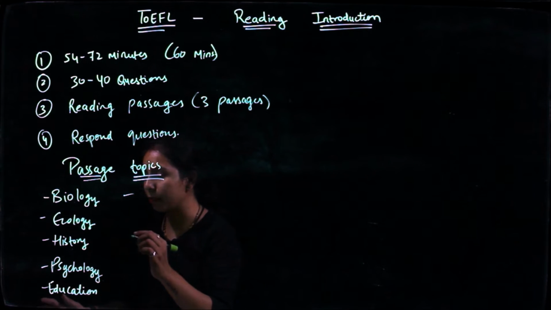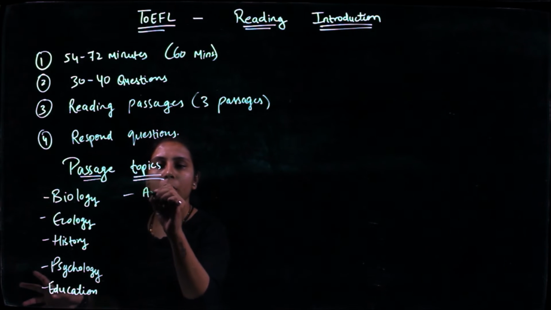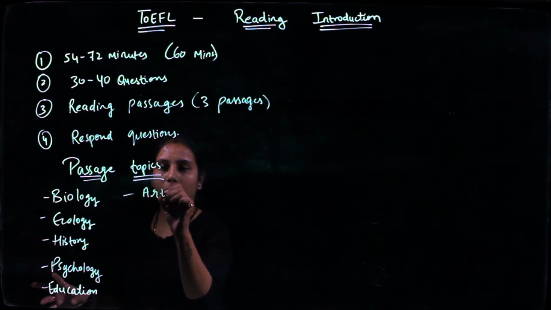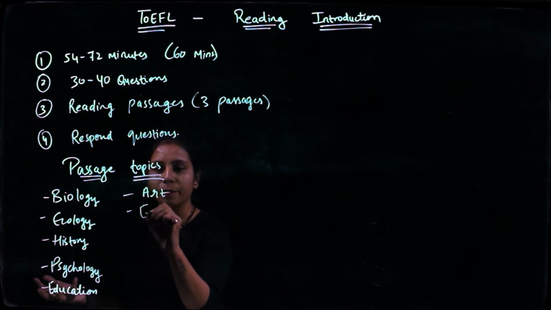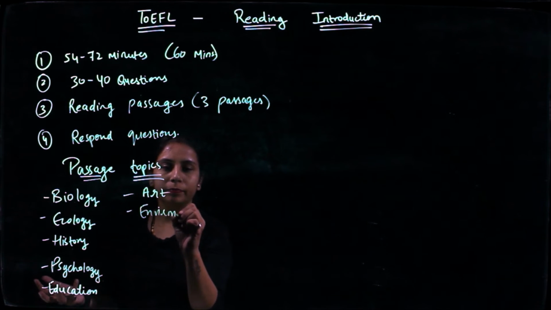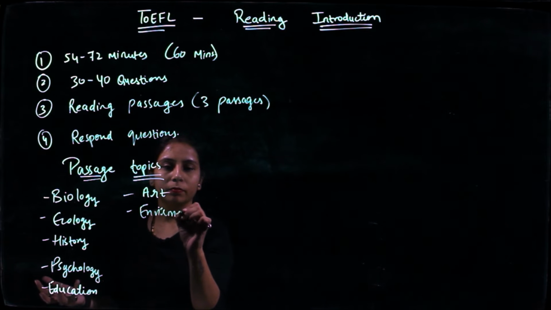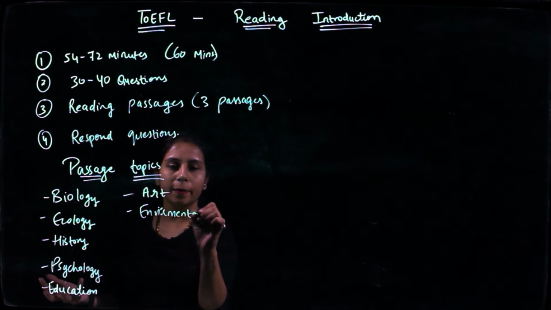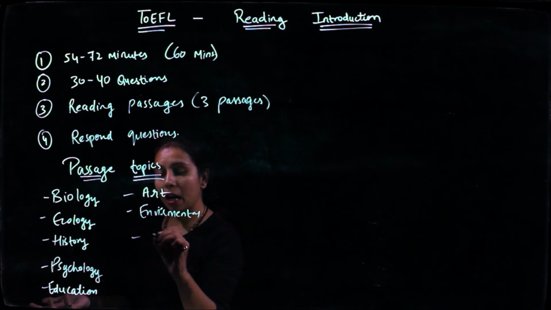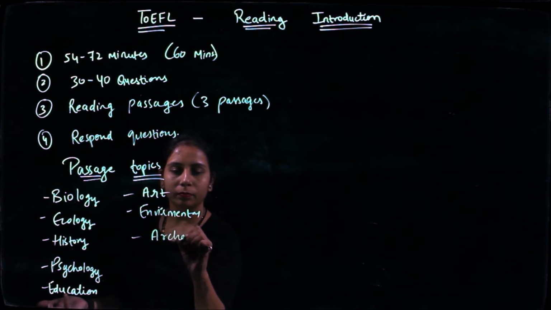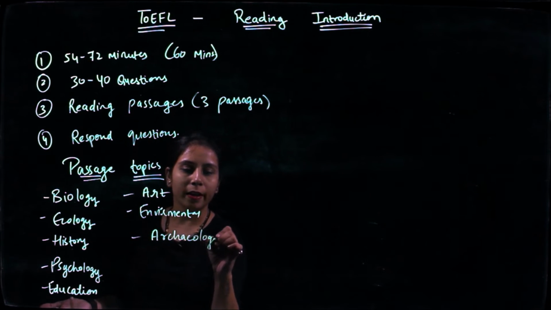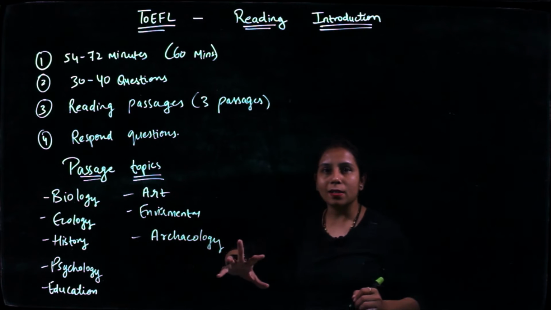It is very random in nature. So you should be prepared for all. Okay. Art, environmental related. Okay. Then archaeology related. All right. So these are the topics that your passage would be around.